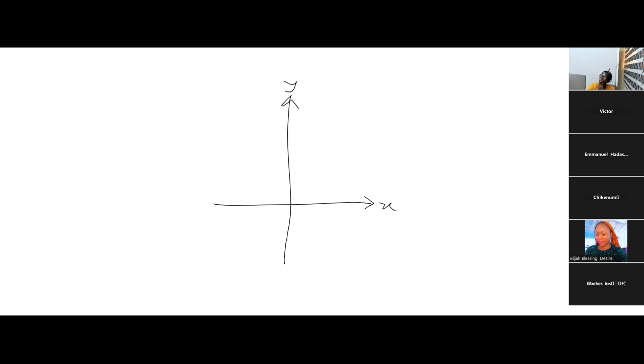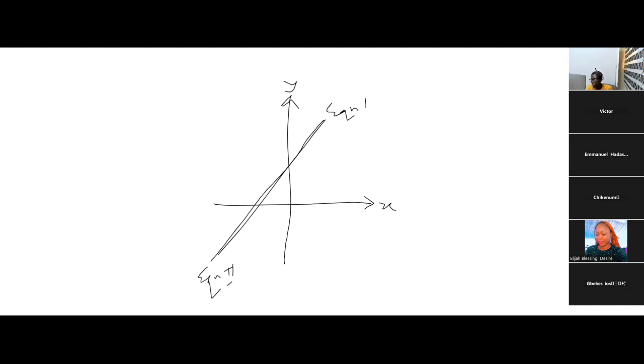After plotting the first equation, it's like this. That's equation 1. And again, you plot the second equation, and it is also on the same line. That's equation 2. This type of equation, we call it infinite solution.